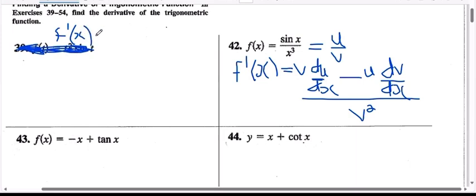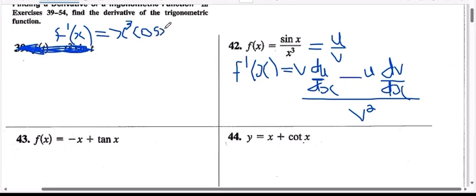So my f prime of s right now is, what is my v? s raised to the power 3. Like I said, you write v first without doing anything. Then the du ds. The du ds means I want to differentiate sin s. So differentiating sin s is cos s according to the law.